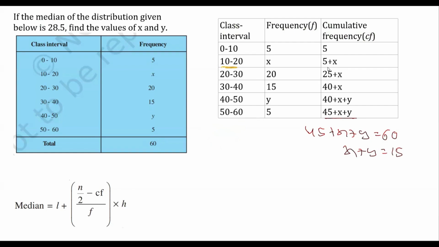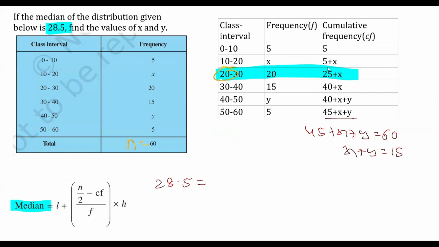Once we have obtained the first equation, we are going to obtain the second equation using the formula of the median. Now we know what the median is here. I can replace this median with the value given here as 28.5. So 28.5 is equal to L, which stands for the lower limit of the median class. And this is the median class, so its lower limit is 20 here.